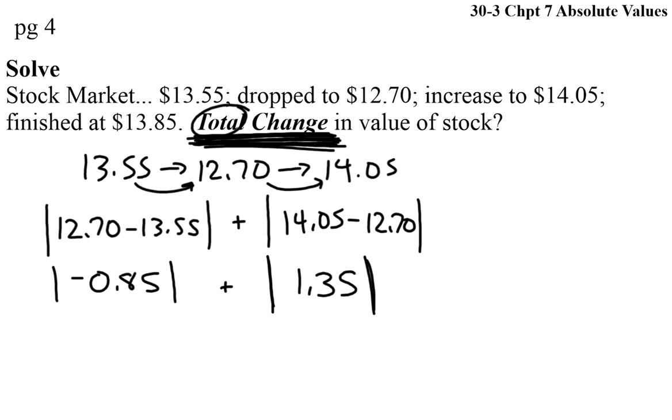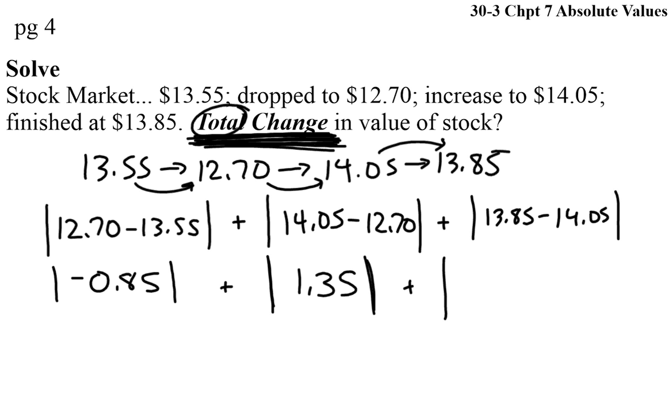And the last change that occurred is it went from the $14.05 and finished at $13.85. Well, we can see that that's another decrease. But I don't care that it was a decrease because I want just the amount of the change, which is why it's an absolute. It finished at $13.85 from the $14.05, which was a change of -20 cents, but I don't want to worry about the fact it dropped.